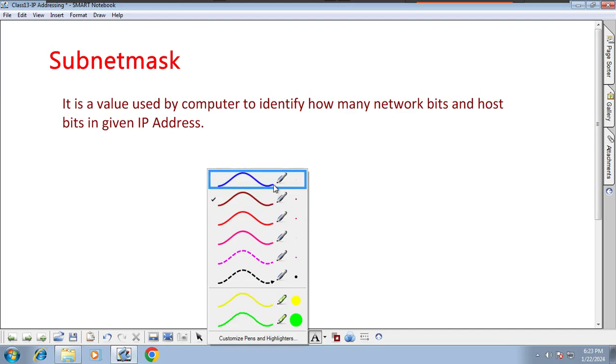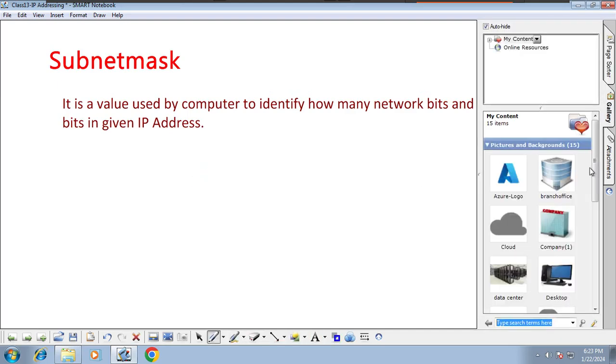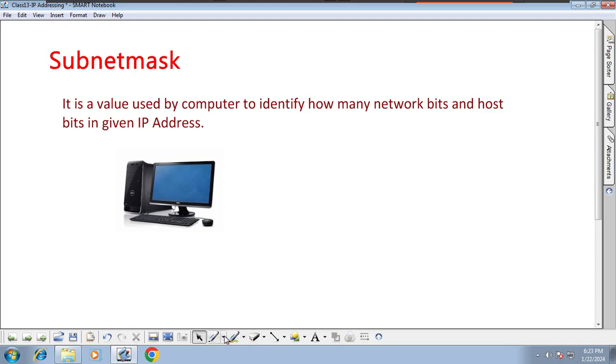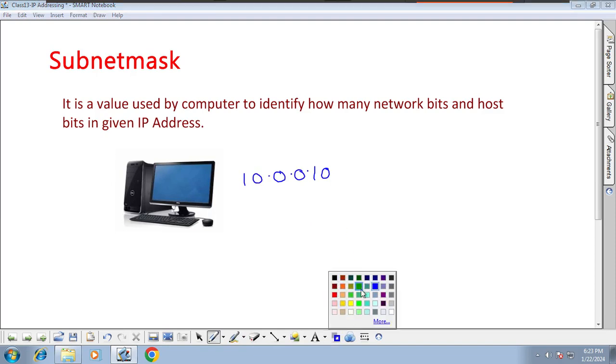So what I am trying to say is, you have a computer. You go to this computer and tell it, boss, you are 10.0.0.10. The computer says, okay boss, I will accept.